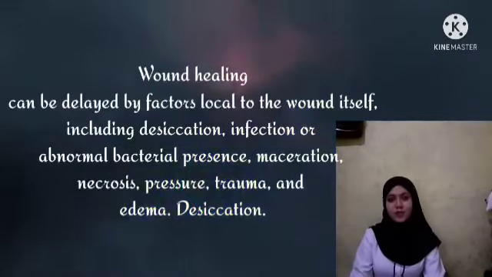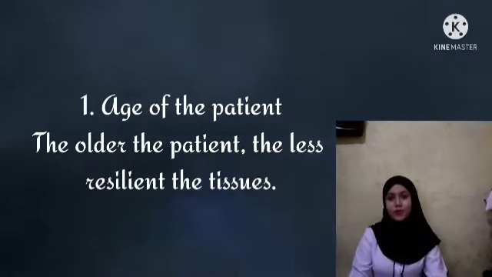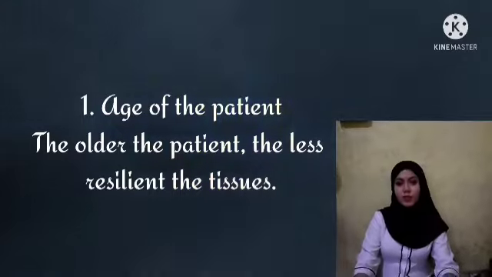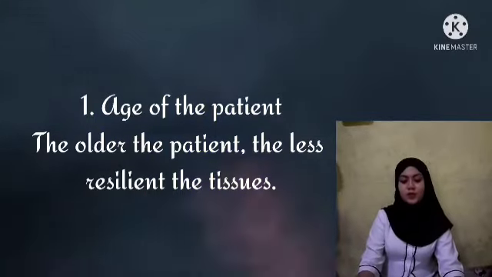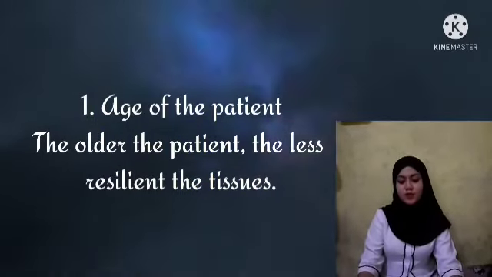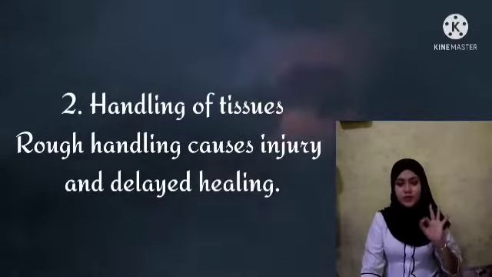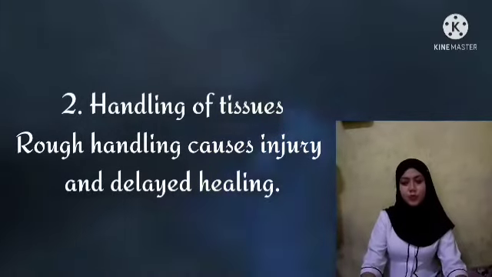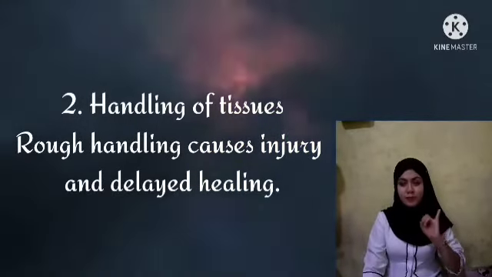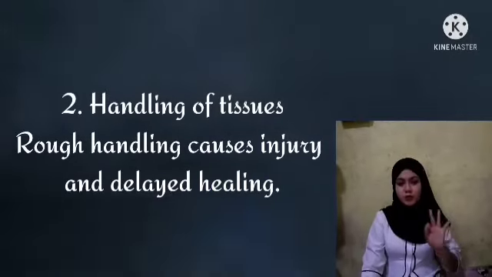So the first one is the age of the patient. Research has shown that people over the age of 60 may have delayed wound healing. The second one is the handling of tissues. There are three steps in tissue repair wound healing, which are inflammation, proliferative, and remodeling.